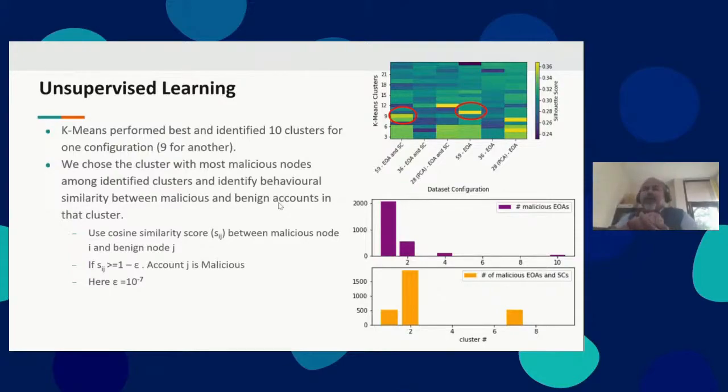To know how good my clustering is, we compute the cosine similarity and the silhouette score. This is the silhouette score figure. You see that malicious ones cluster together in large numbers, not 100%.